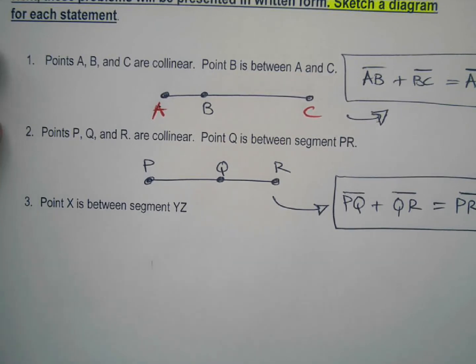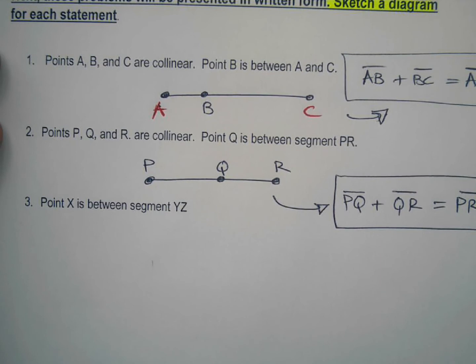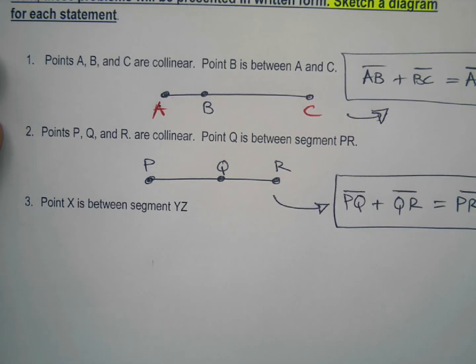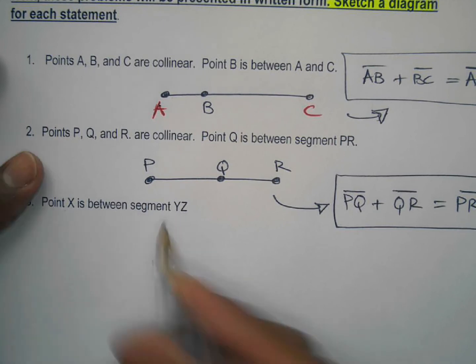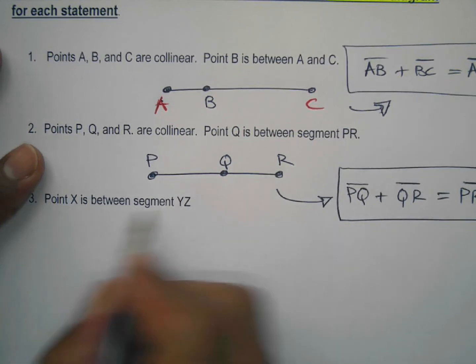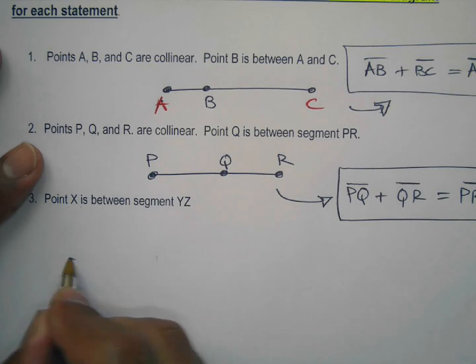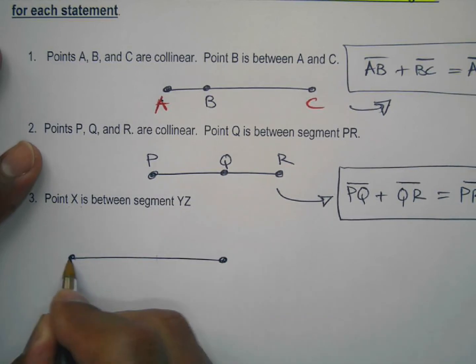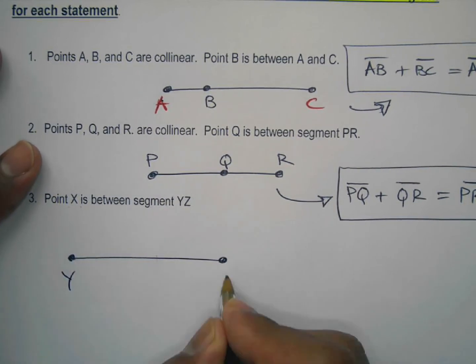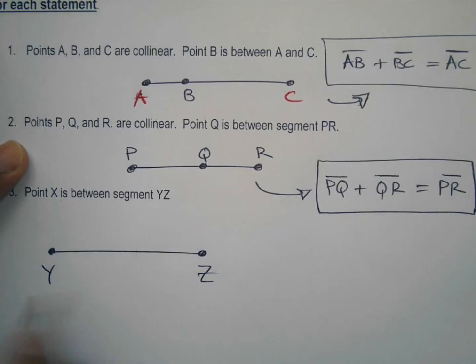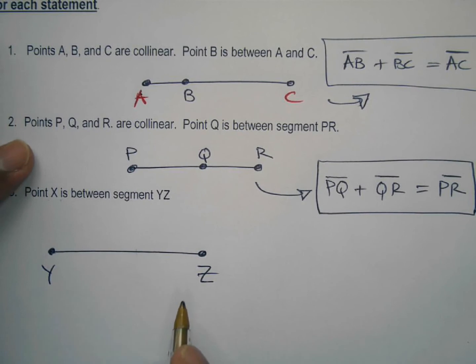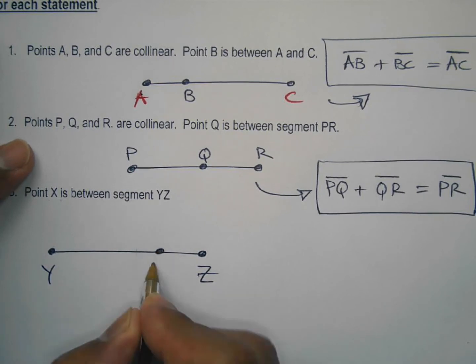And here's another way. Again, they're going to word it a little bit different here and there, but it's the same idea. Point X is between segment YZ. Point X is on the inside. Segment is what? YZ. And X is somewhere in between. It doesn't tell you precisely where, but we'll just put it right here.